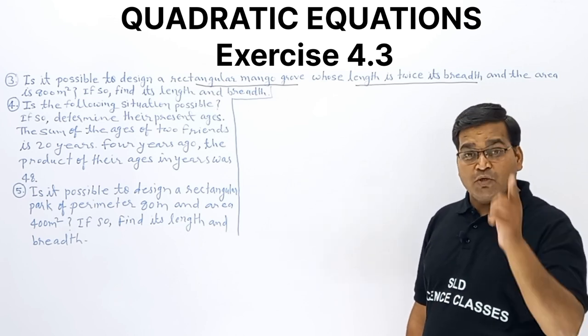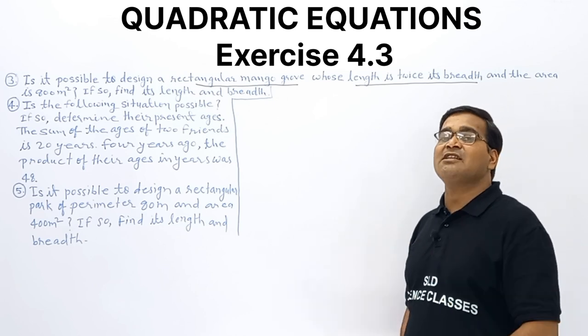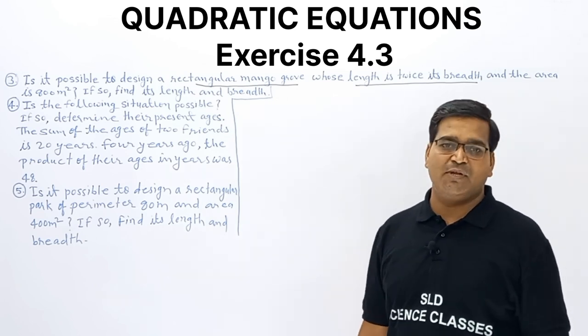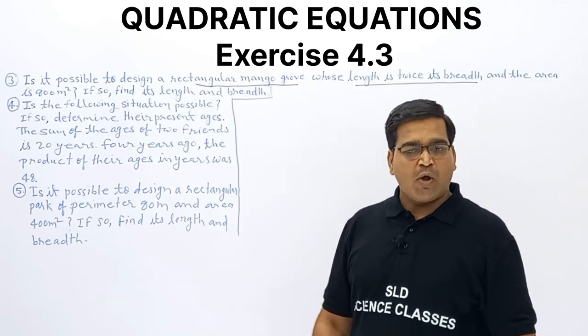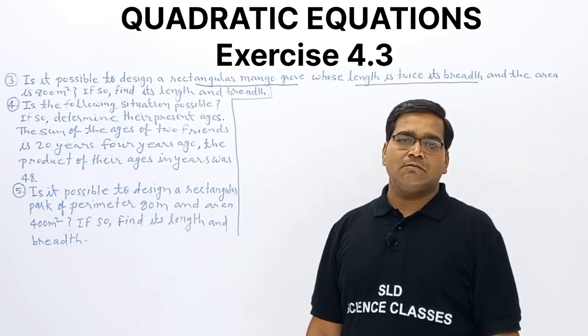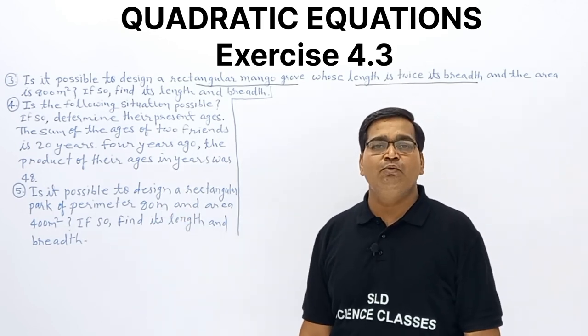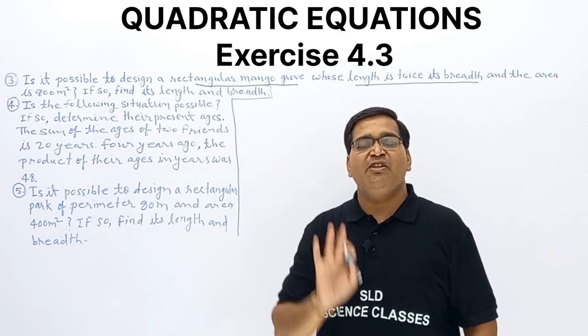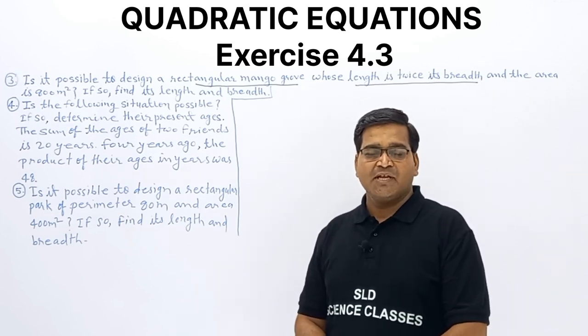For that equation we will find the discriminant value, b square minus 4ac. From the equation we will find a, b, c, and put these values into the discriminant b square minus 4ac.